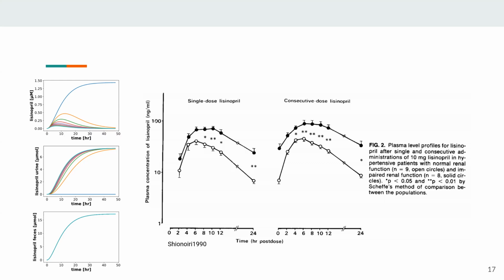Using healthy patients, sort of imitating how a low functioning kidney would work by constantly supplying lisinopril, keeping the plasma concentration high, essentially trying to counteract the filtering via the kidney?